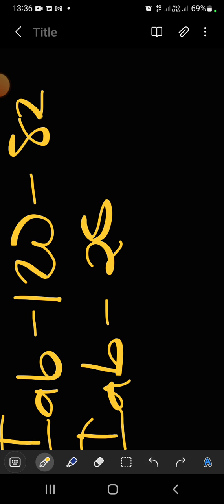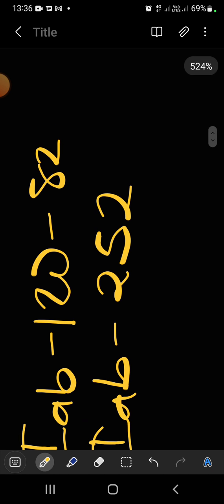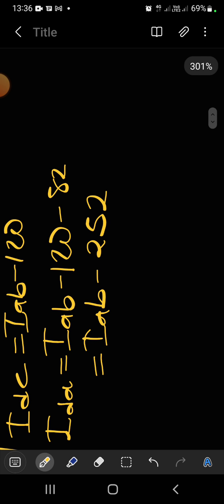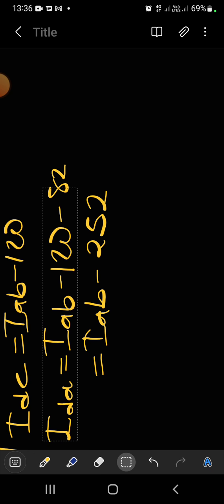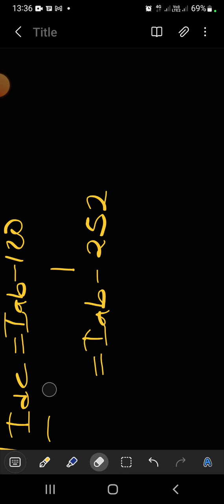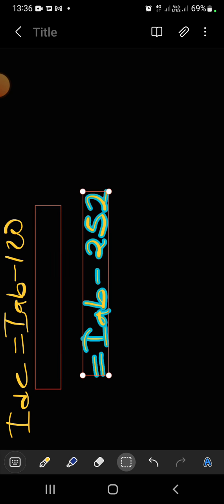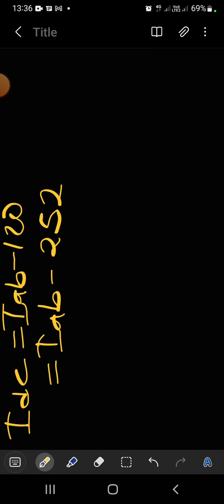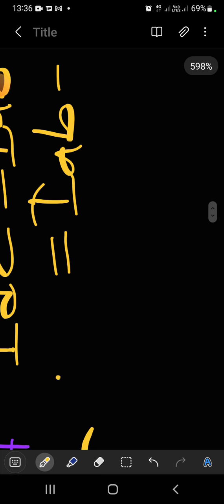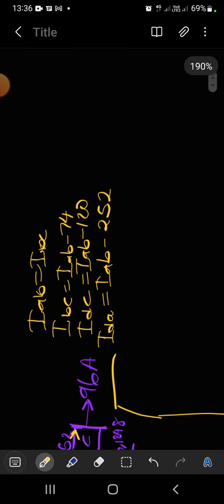Oh, my 5 is always giving me problems. Okay, let me just confirm. Plus 82. Good, we are good. So again, I'm gonna create space, remove this, delete everything, and then take you and put you up there. That is IDA.